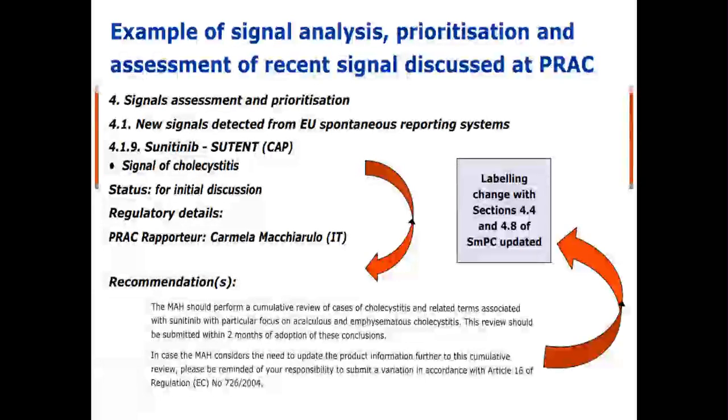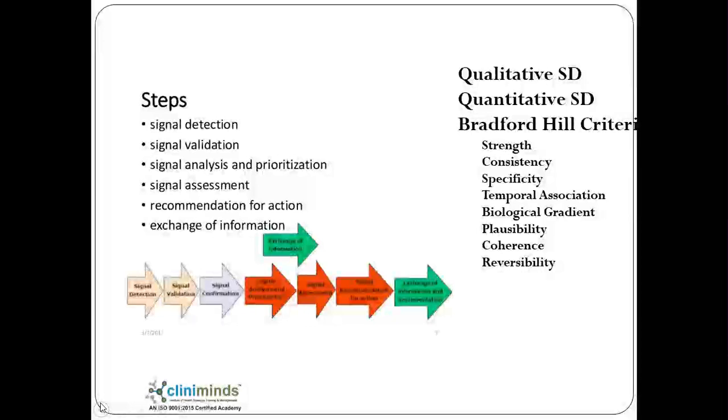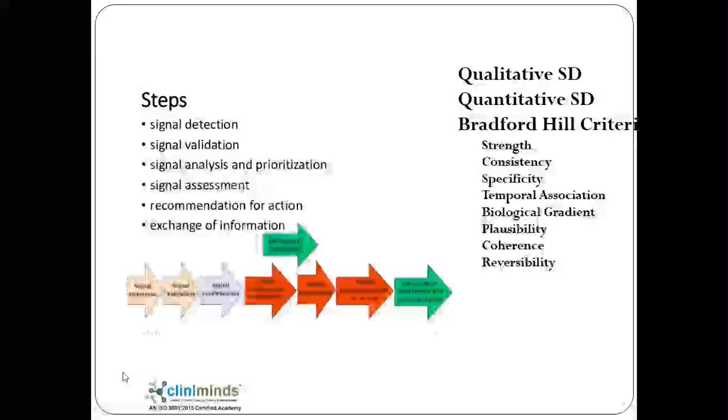So in the next slide, we have an example of one particular product. This is how a PRAC recommendation looks. This was for the drug sunitinib, and the signal was for cholecystitis. The PRAC requested a labeling change in sections 4.4 and 4.8 of the SmPC.